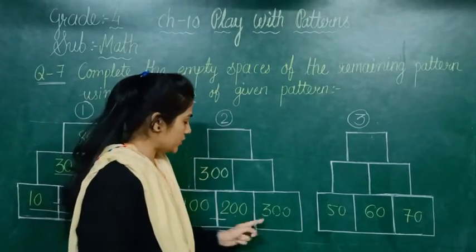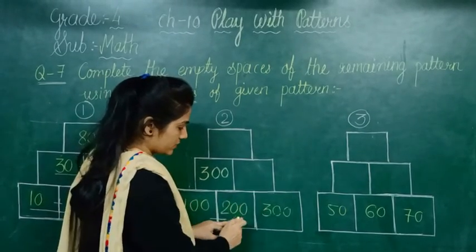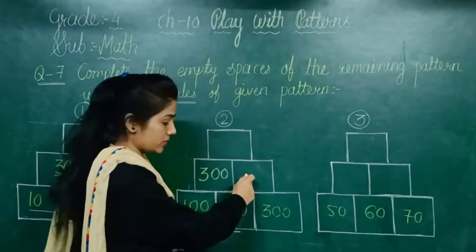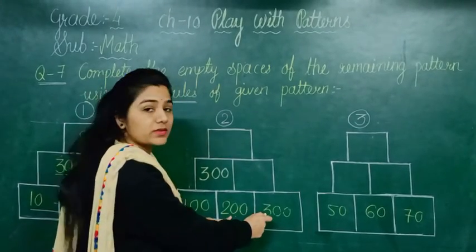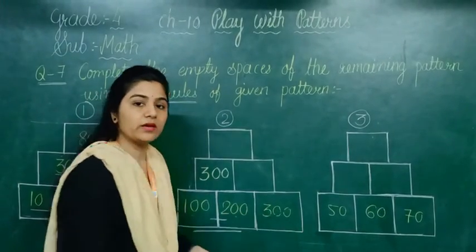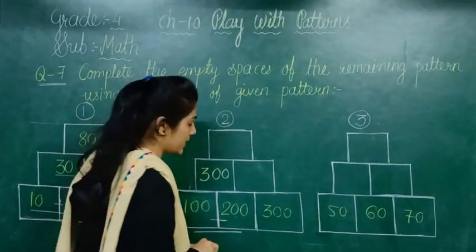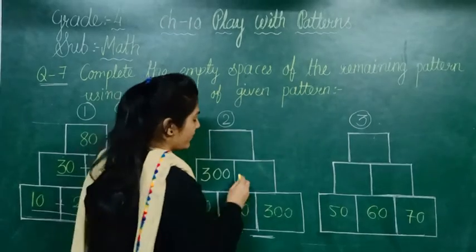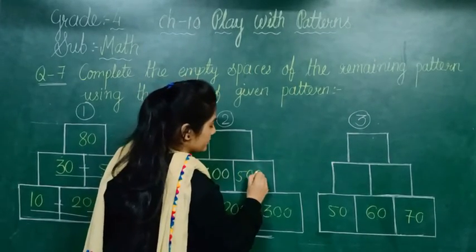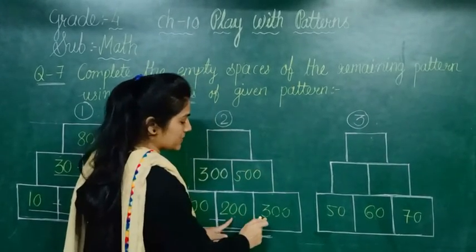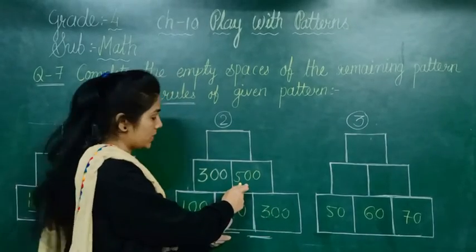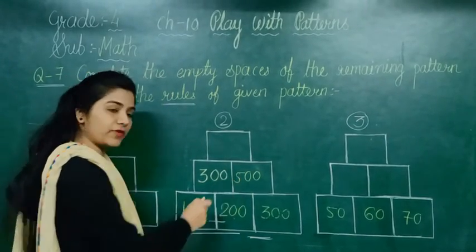Now the remaining 2 boxes. For this box, 200 plus 300. So 2 plus 3 is 5, and the backside 0s. That means 200 plus 300 together make 500. The addition of 200 plus 300 is equal to 500. Now these 2 boxes are filled.